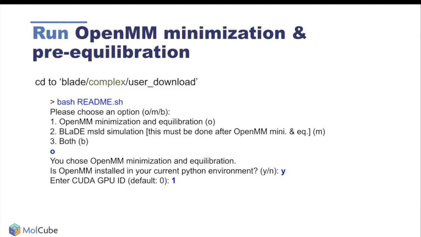We enter letter O to select the OpenMM minimization and equilibration. If OpenMM 8.0.0 is already installed in the current Python environment, we put the letter Y in the second question. In the end, if multiple GPUs are installed, we can specify which GPU we want to use. Such interactive responses can be easily automated using prepared answers in a text file.